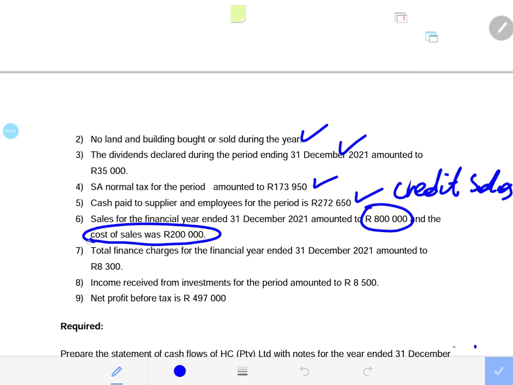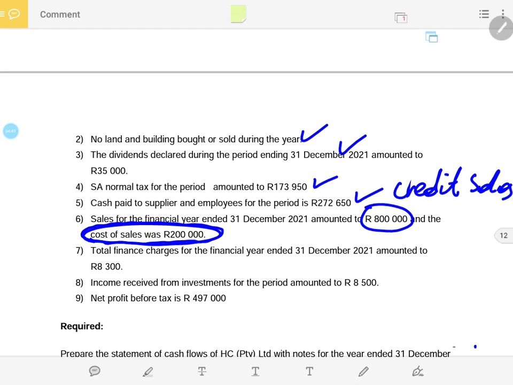That amount is recorded on the credit side of the inventory account in order for us to determine how much inventory we bought on credit. That difference goes to the credit side of the trade payables account in order for us to determine how much we have paid to our suppliers of inventory. I did that also in example number 4.